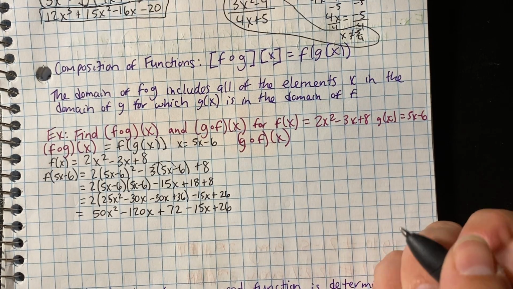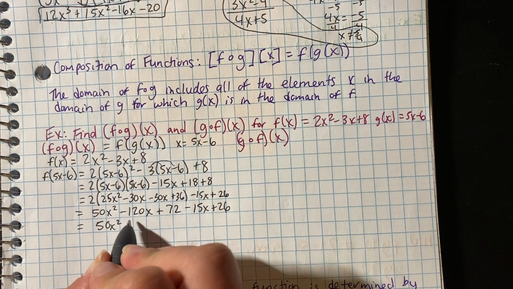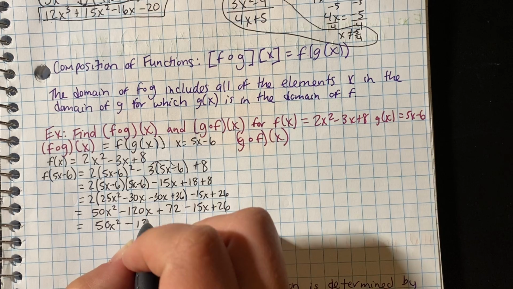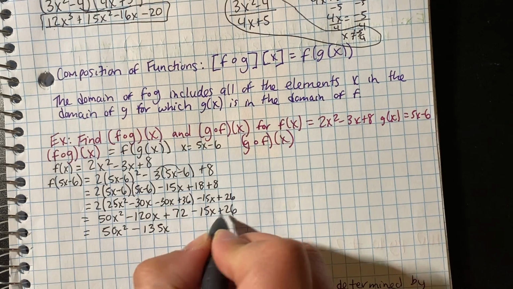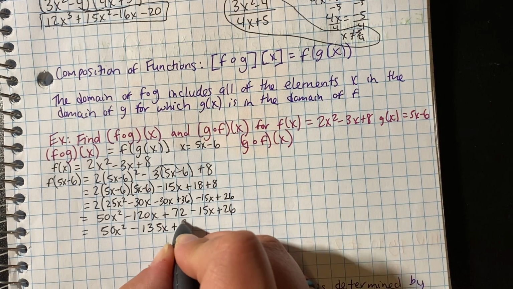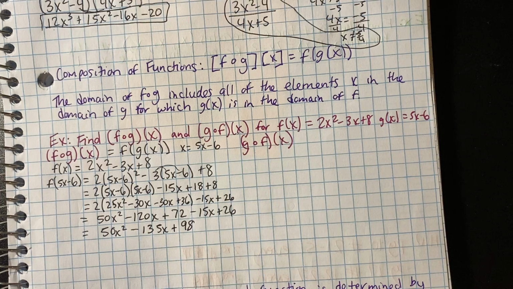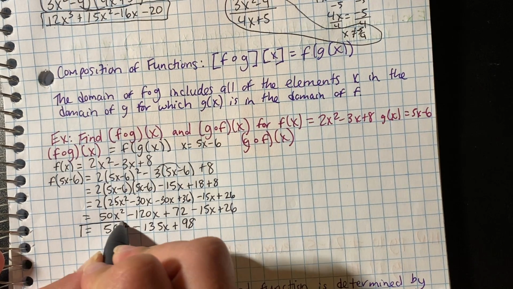All right, like terms now. There's no other x squareds. So I got negative 135x plus 98. Whew! That's what the answer says it is. So there we go. We made it.